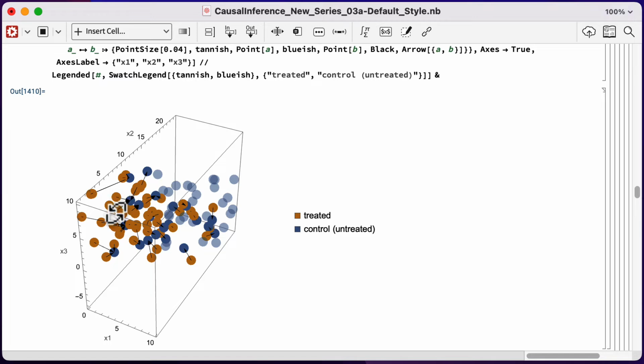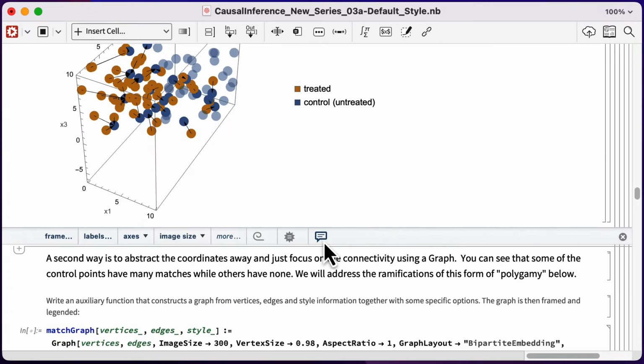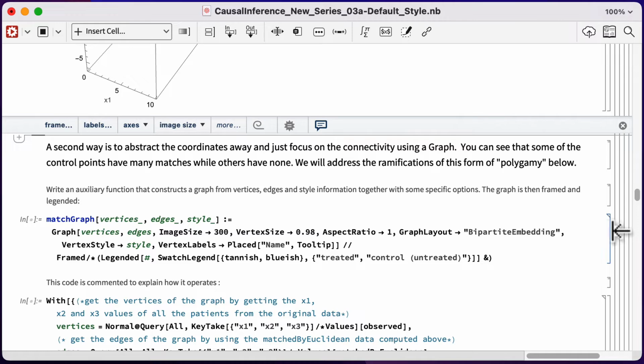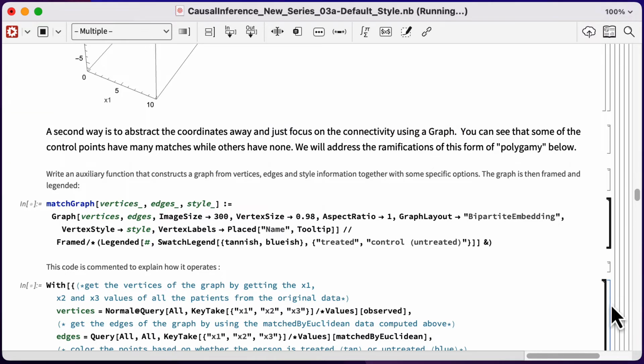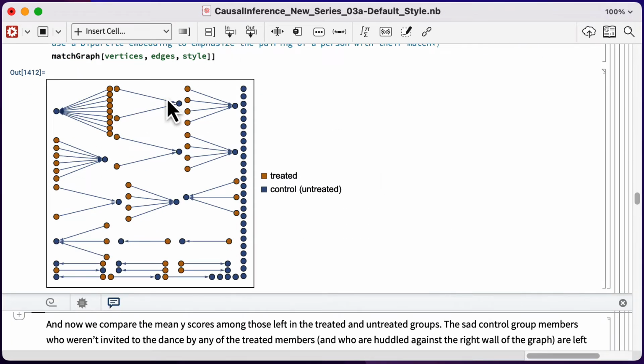And I've tried to draw arrows showing how each person in the treatment group ends up dating someone in the control group. And that's a little hard to follow because it's three-dimensional. So I tried this. Here's sort of a two-dimensional representation where you look at how each person in the tan treatment group dates someone in the control group.